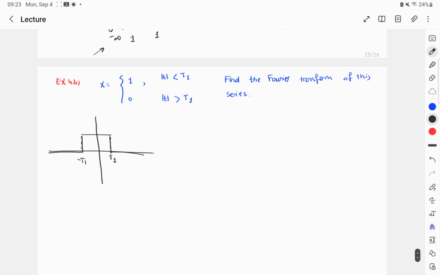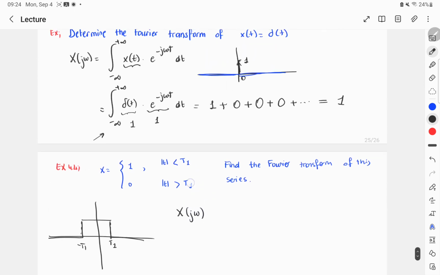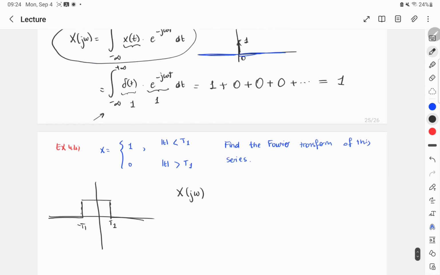So let us find the Fourier transform series. Now I will directly apply the formula here, as always. Since our function is 0 in other places, we can write, instead of minus infinity to plus infinity, from minus t1 until t1.